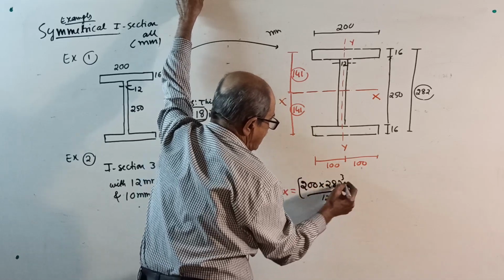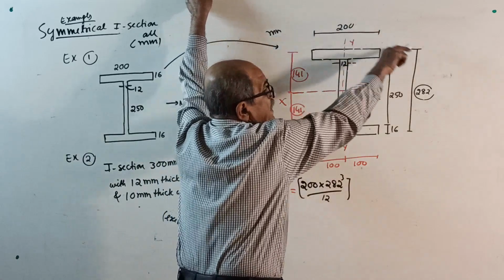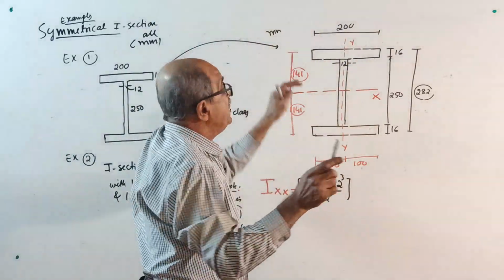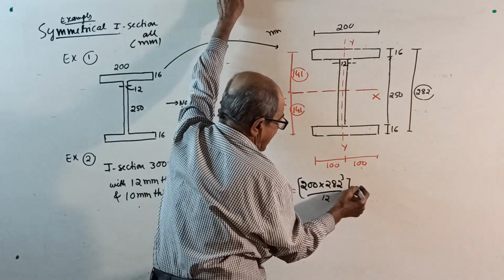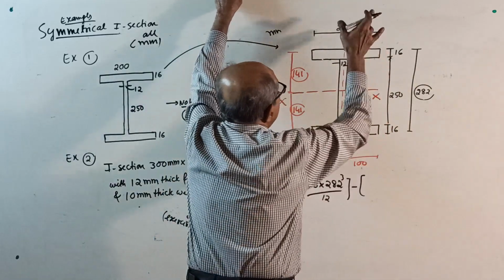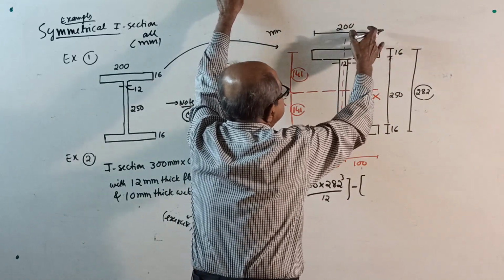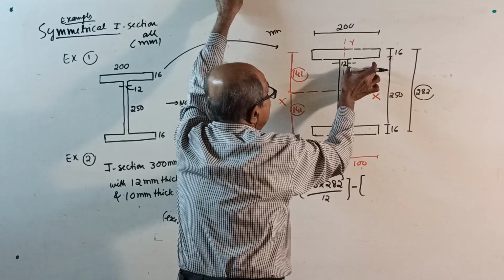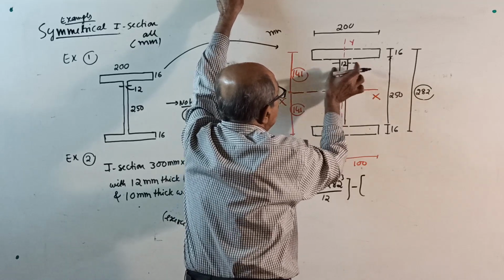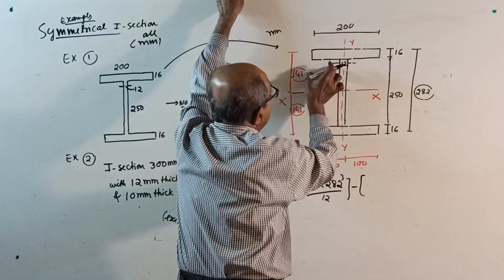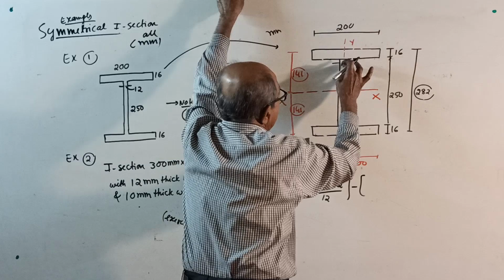This is your outer BD cube, for the full rectangle. Now subtract. We want the net, there is an empty portion here, empty here. We want the total empty, which is undoubtedly from 200 subtract 12.